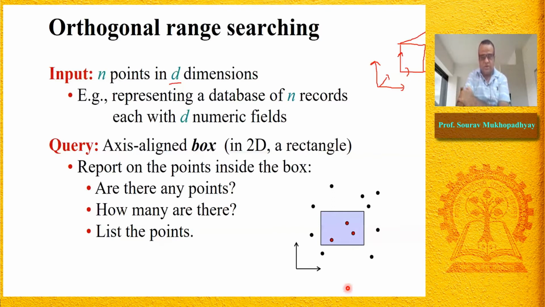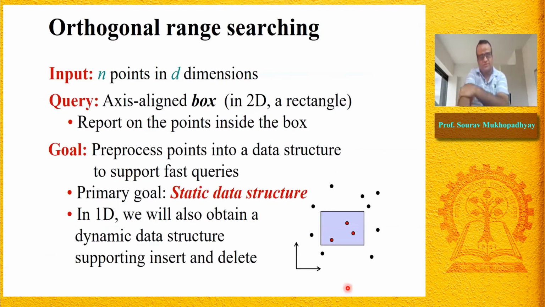Okay. But we want to do something better. So for that, we need to think of some data structure, and we call this data structure static. Why is it static? We are calling it so because we don't often change the points, because the database of students, we don't often have new students, I mean not frequently, right?